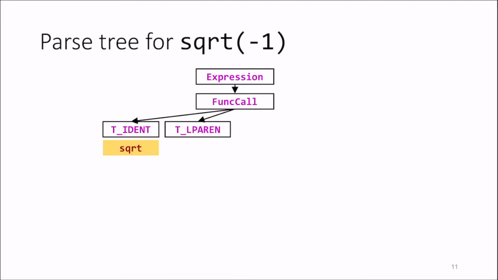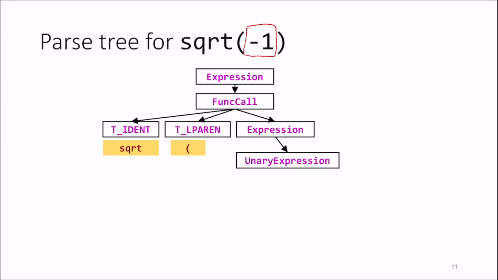The next thing you need for a valid function call is the open parenthesis. It's part of the syntax of this language. And then finally, what goes inside the parenthesis, so this part over here, can be any kind of expression. I'm assuming here a simplified kind of syntax where you can have functions with only one argument, just for the sake of simplicity. So this expression is now not just a generic expression, it's a specific type of expression, which is a unary expression.